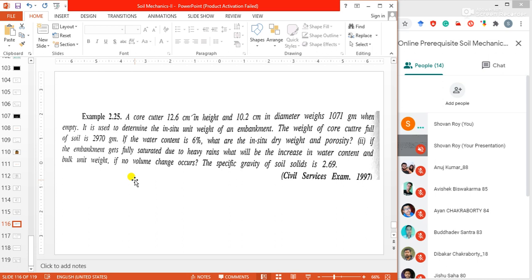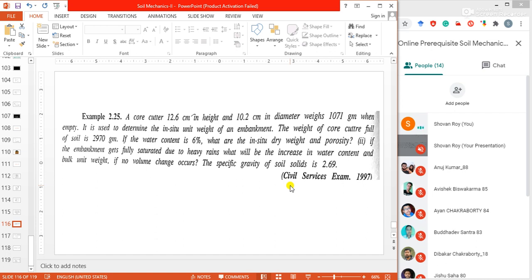Okay, such a type of problem I have taken, which is given in your preliminary definitions and relationships chapter, the very initial chapter, but this question is related to compaction.